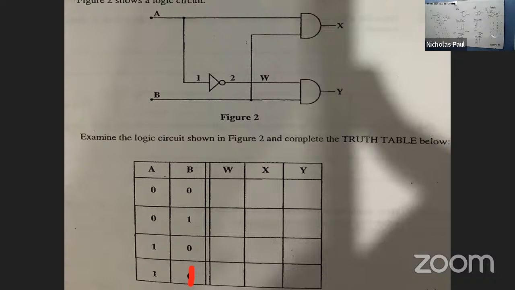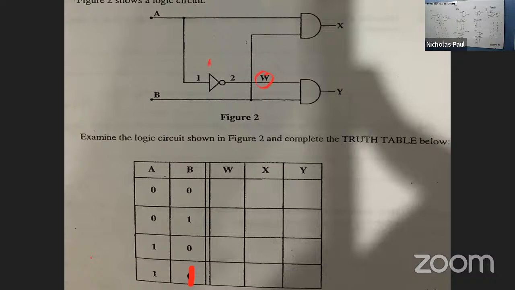To figure out W, how do you figure out W? What's the input? Let's look at W. Going backwards, you're going back to the NOT gate.